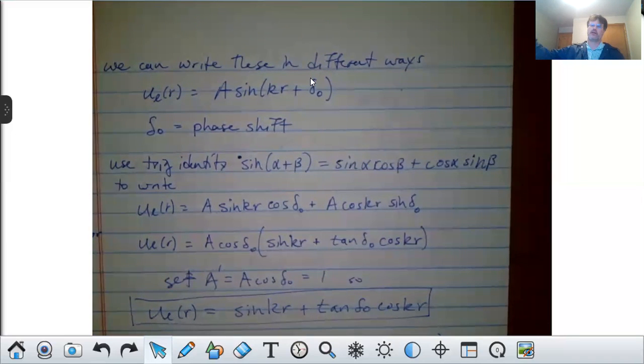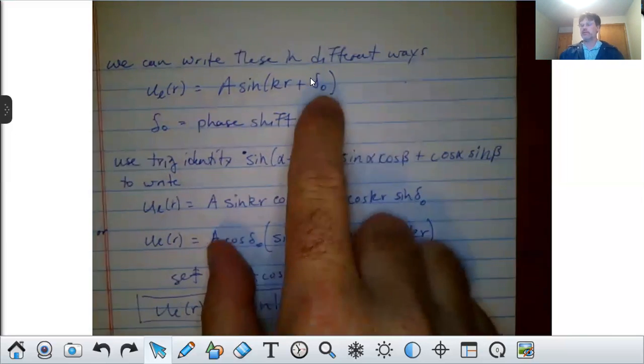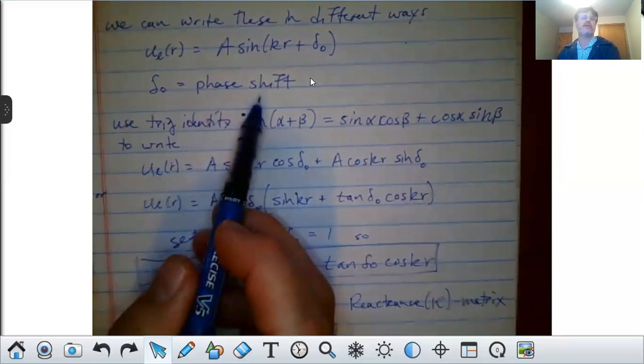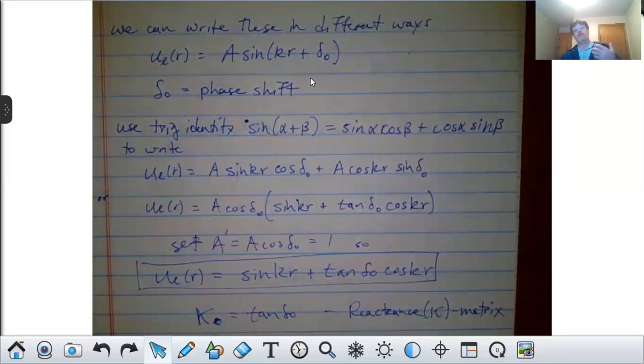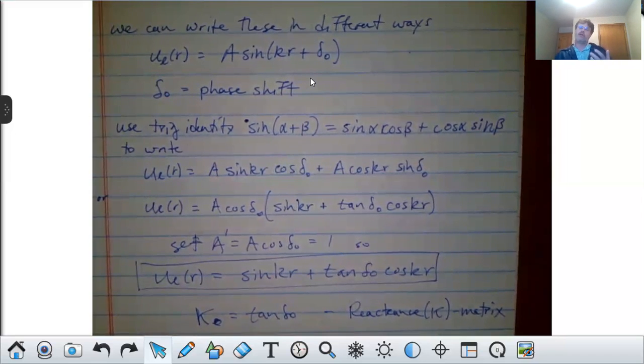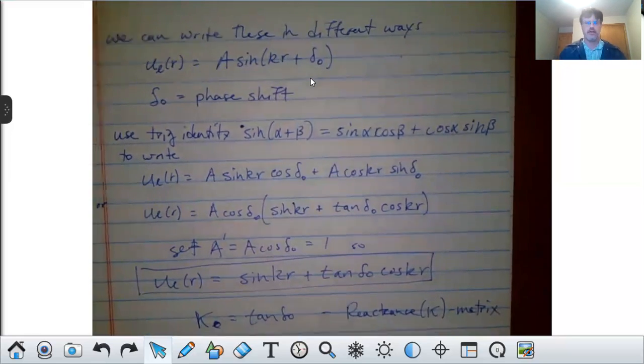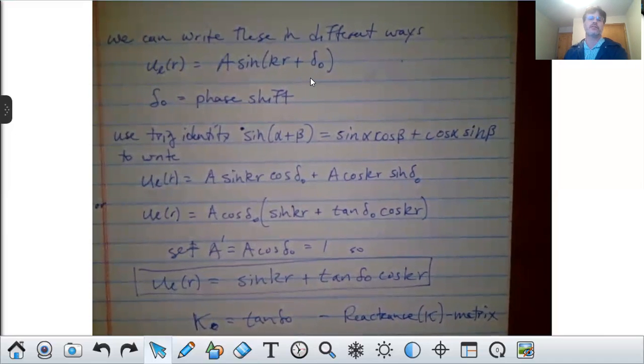If you have a solution that's far away, it might be changed when you add in the potential, and it will lead to a phase shift in your solution. So we call this delta 0 the S wave phase shift. Ultimately, as it turns out, in scattering problems from spherical potentials that are spherically symmetric, our main goal is to determine the phase shift. It is related to the scattering cross-section. But again, in the next video, I will have to show you how that relation works.